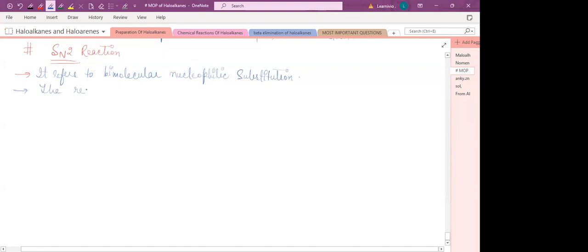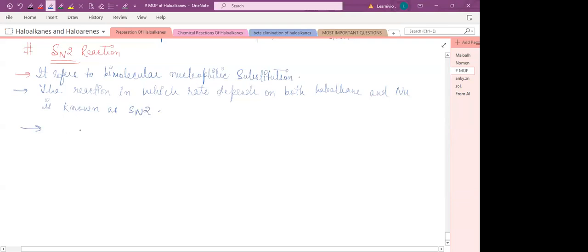The reaction in which the rate depends on both the substrate, meaning the haloalkane over here, and the nucleophile, is known as SN2 type.